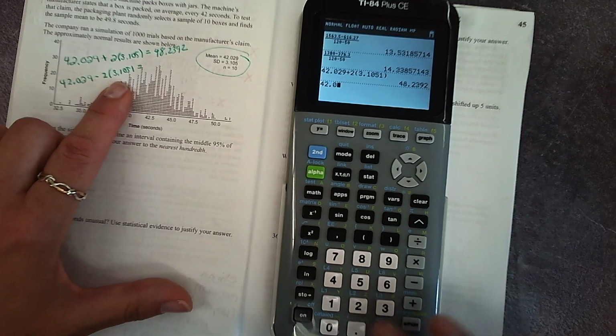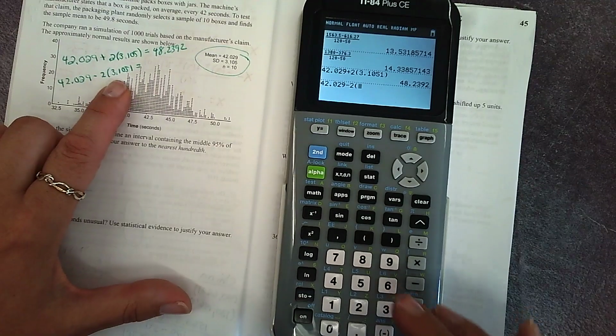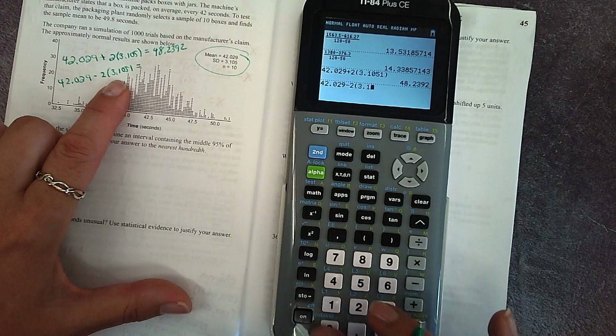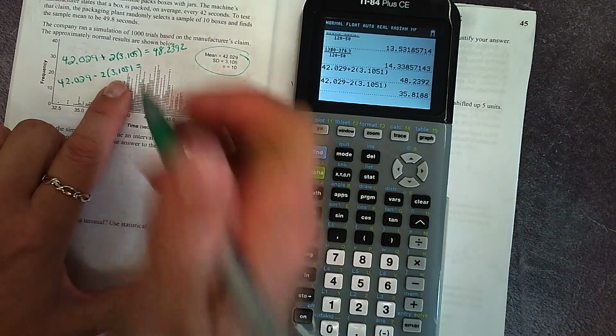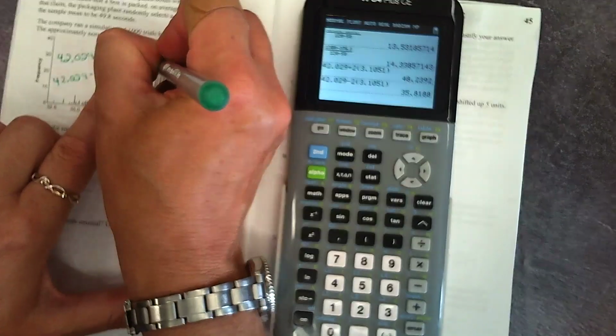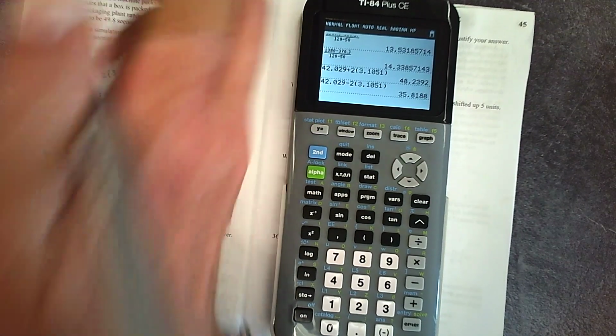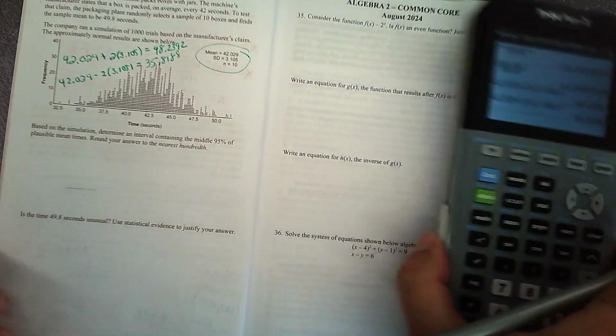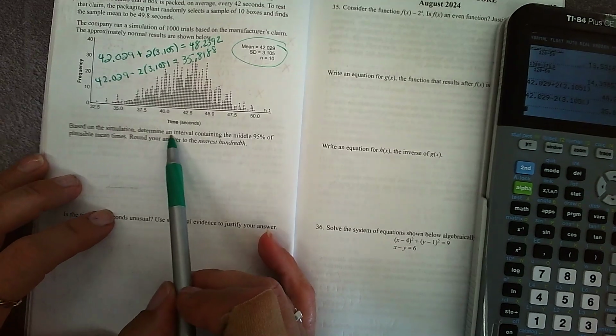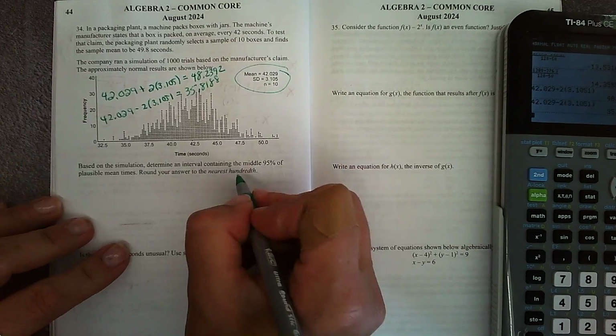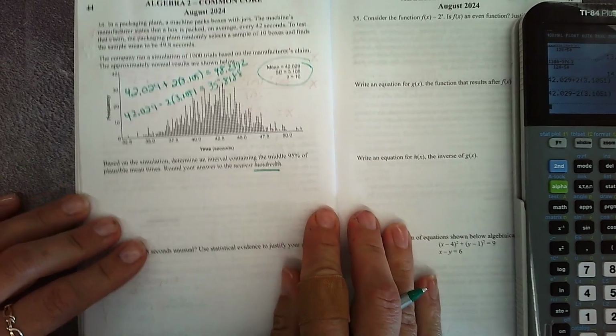I write everything down. All right. Based on this, determine the interval to the nearest hundredth, so 2 decimal places.